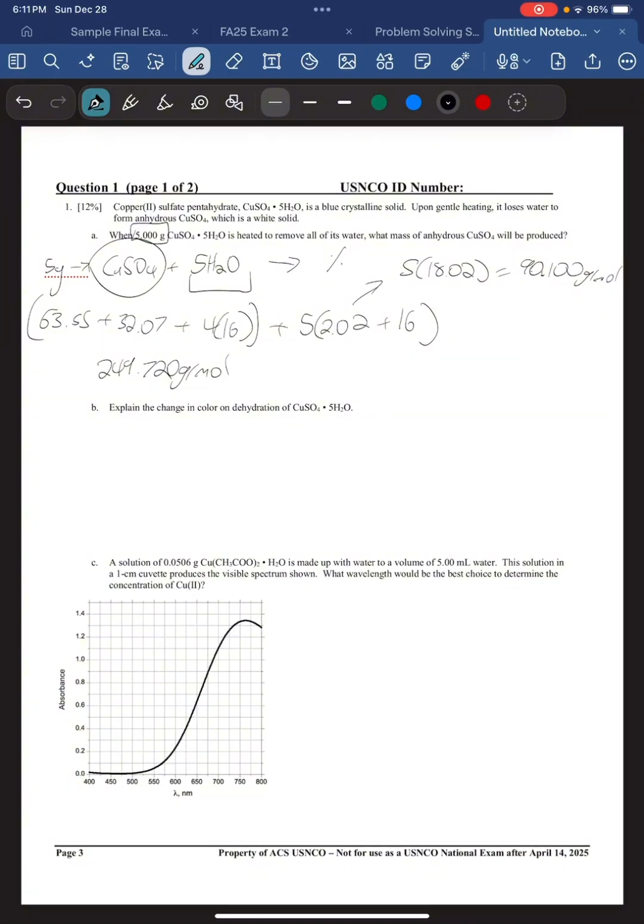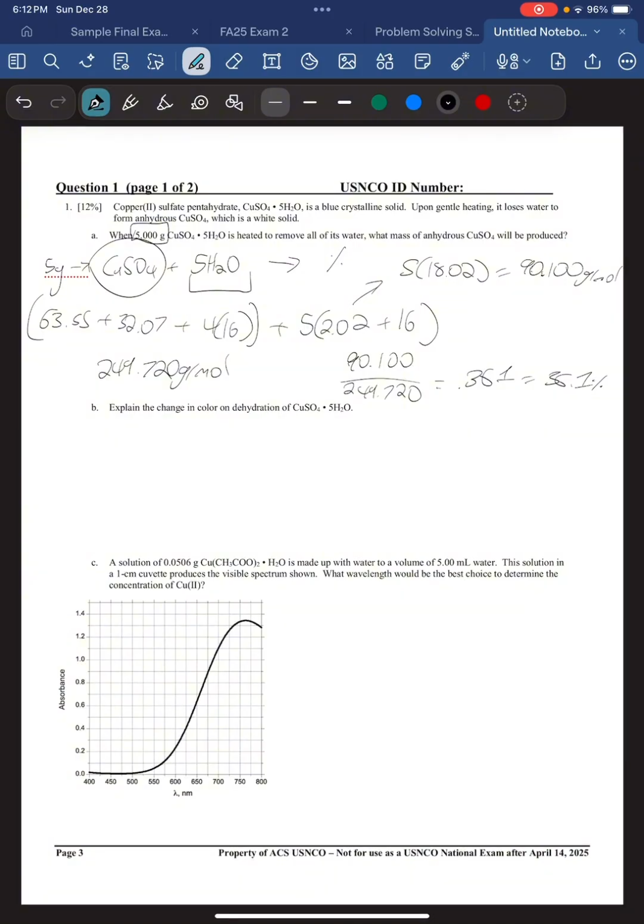To do that, we can do 90.100 divided by 249.720, and we get 0.36, which equals 36.1%. So that means that 36.1% of the copper sulfate pentahydrate is water.